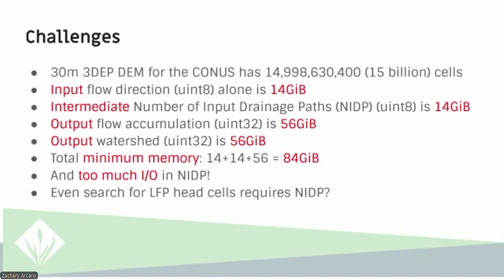And output flow accumulation takes up 56 gigabytes. This plus this is more than 64 gigabytes, and my system has only 64 gigabytes. That's one problem. And then output watershed, 56. So the minimum memory is 84, my maximum memory is 64. And my brain has even shorter memory.